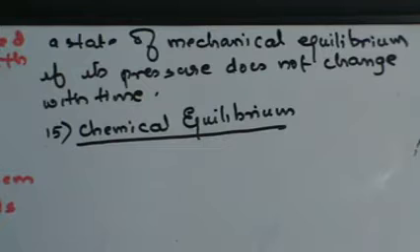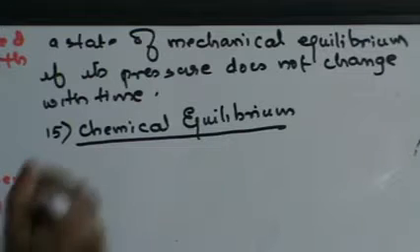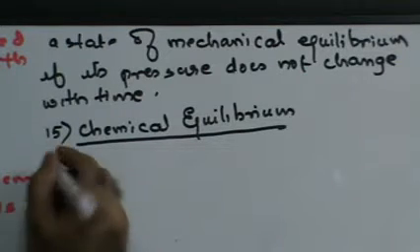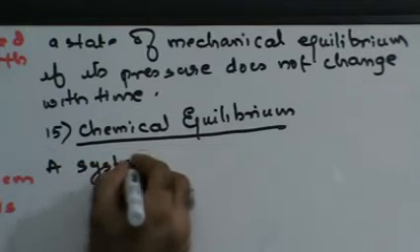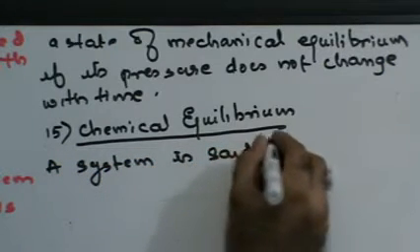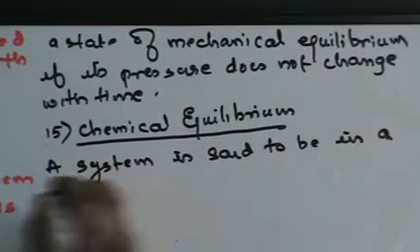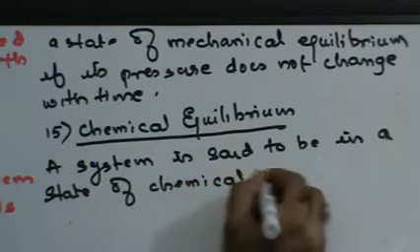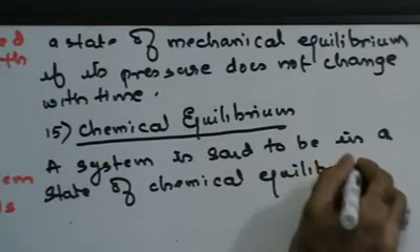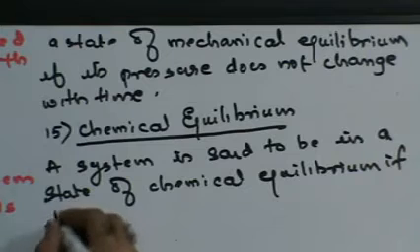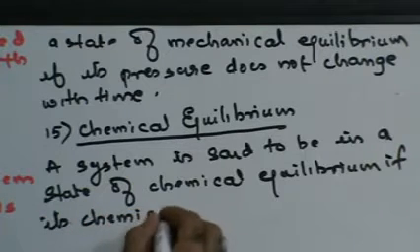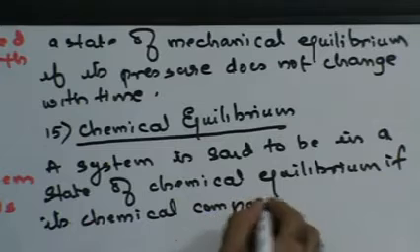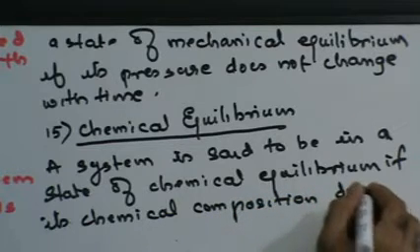Chemical equilibrium. A system is said to be in a state of chemical equilibrium if its chemical composition remains constant with time. The chemical composition of the system does not change. A system is said to be in a state of chemical equilibrium if its chemical composition does not change with time.